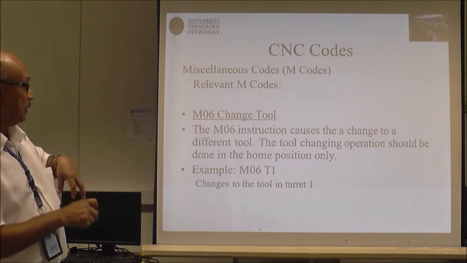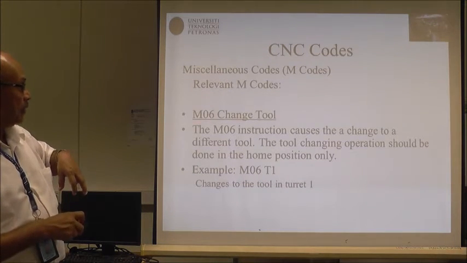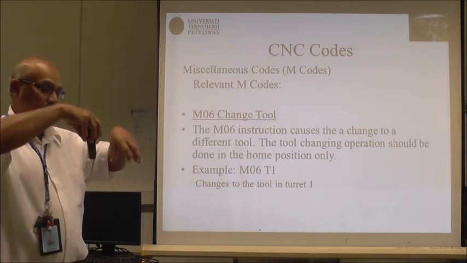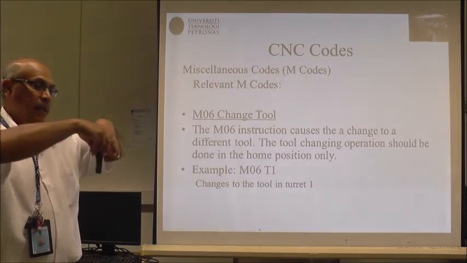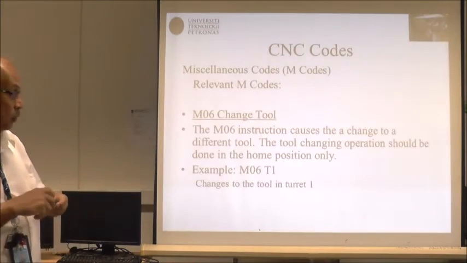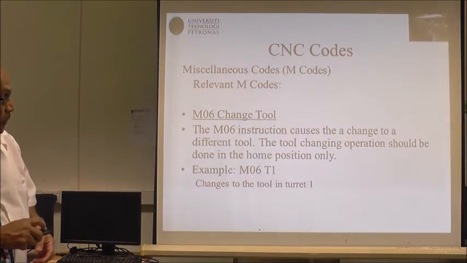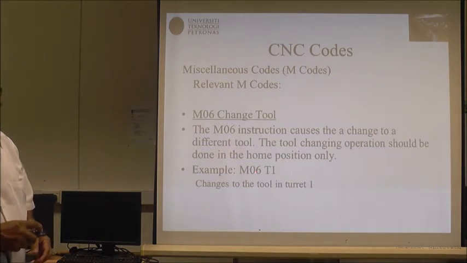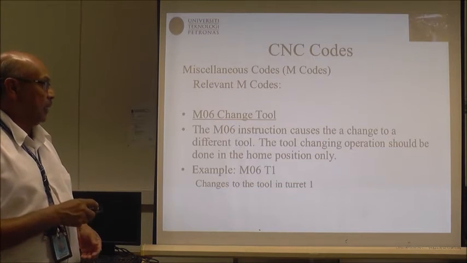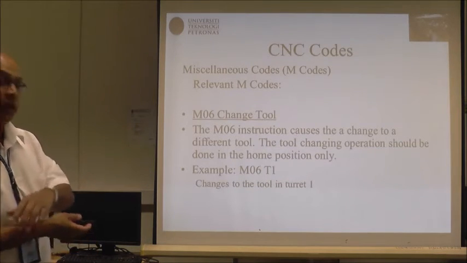The moment you specify the M06 followed by the tool number, the spindle will return and release the tool, and the changer will rotate and take the tool that you specify. So here you say change the tool and take tool number 1. If you want tool number 2, you say M06 T02 and so on.